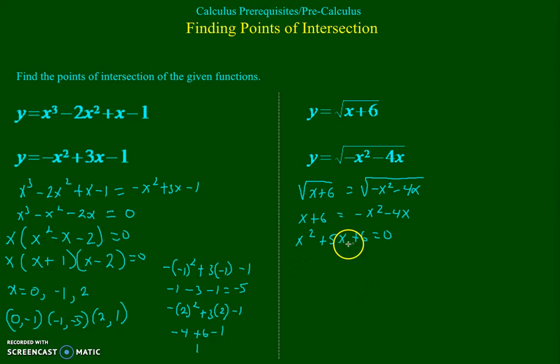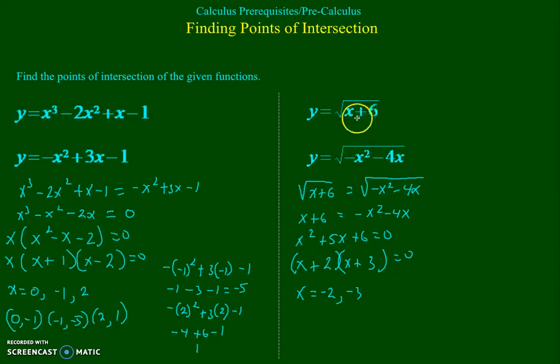So now let's see if we can factor this. So we have x and x, that's a plus sign, so both of these are the same and they're going to be that sign. And factors of 6 that give us 5, well that's got to be 2 and 3. X squared plus 3x plus 2x, that's my 5x, plus 6. So there we go. So our x is negative 2 and negative 3.